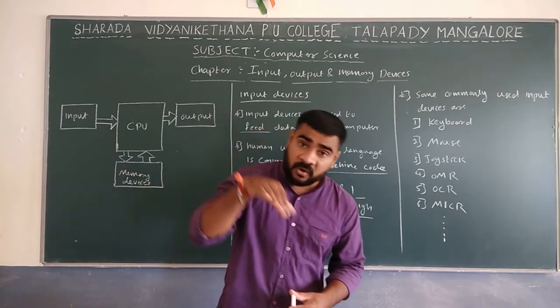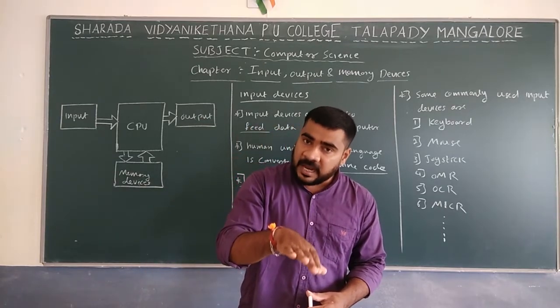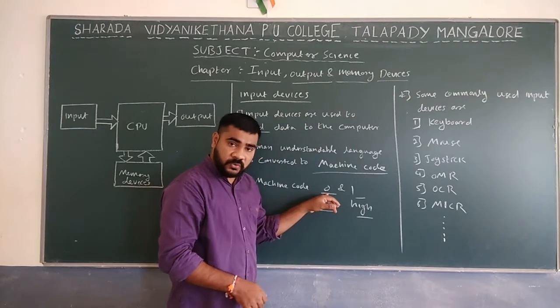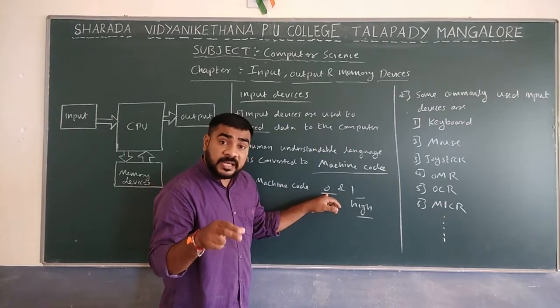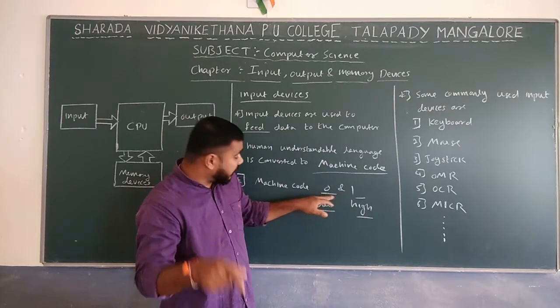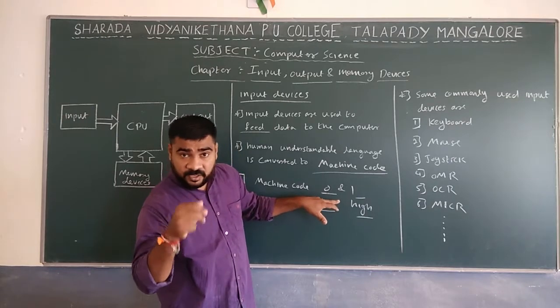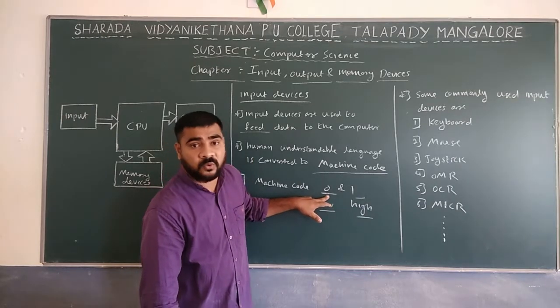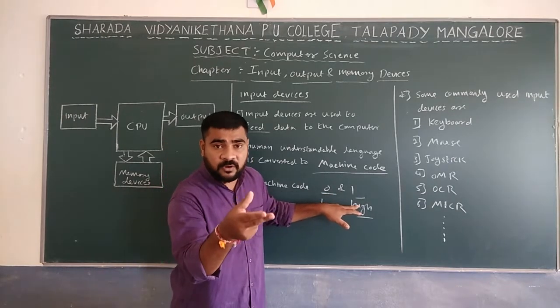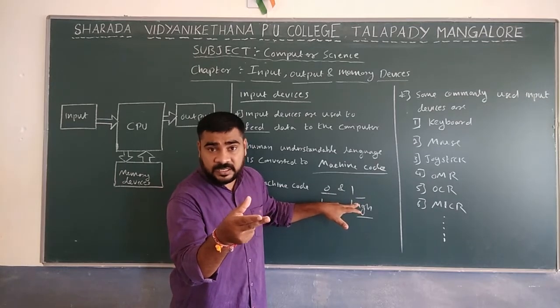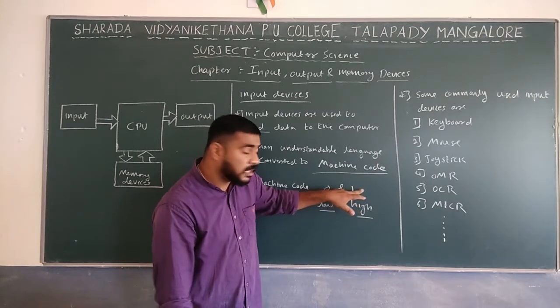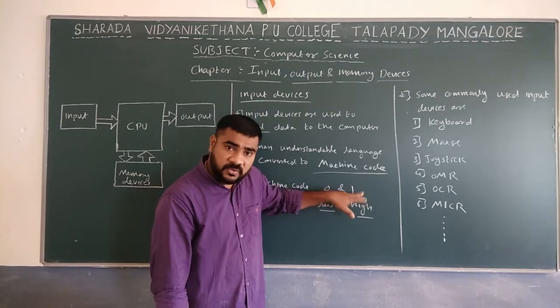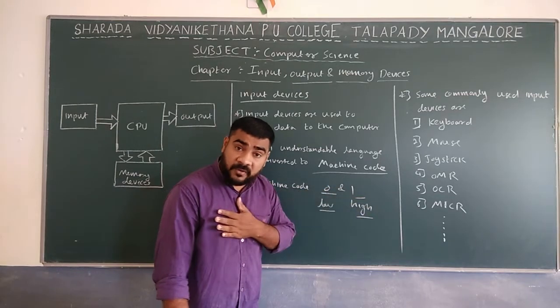Whenever we give low voltage to the system, we represent that as 0. Whenever we provide high voltage, we represent that as 1. So 0 and 1 is for our understanding.